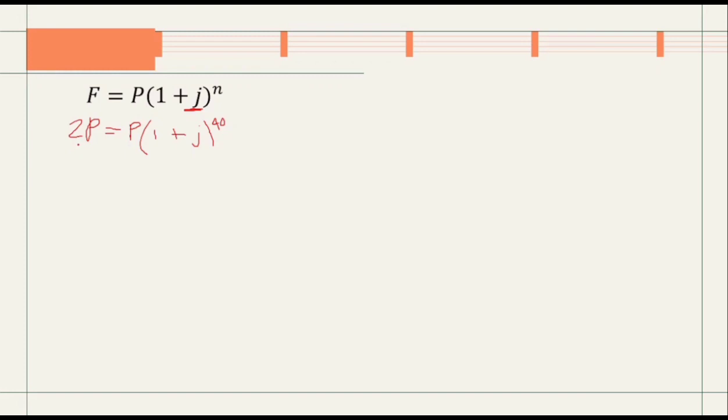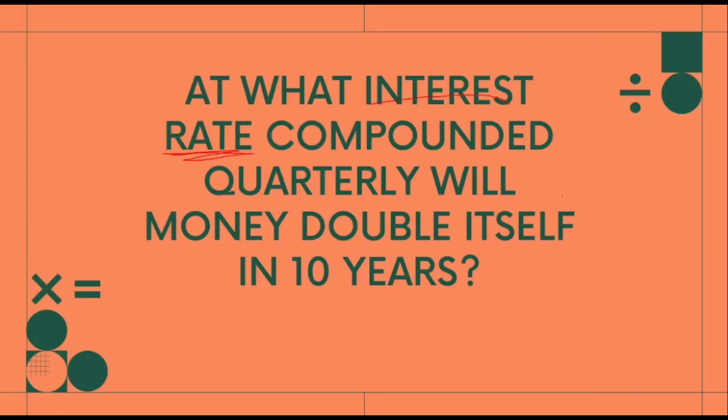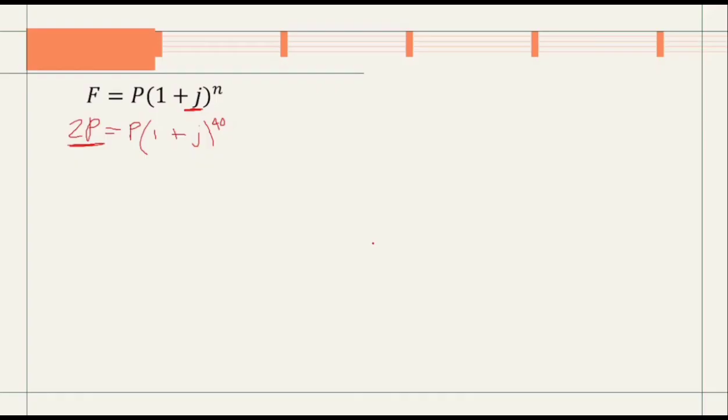So why 2P? Because it says here that the money will be doubled in 10 years. So the present value will be doubled in 10 years, so we can represent it by 2P.